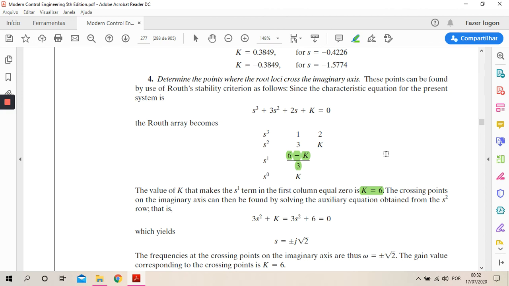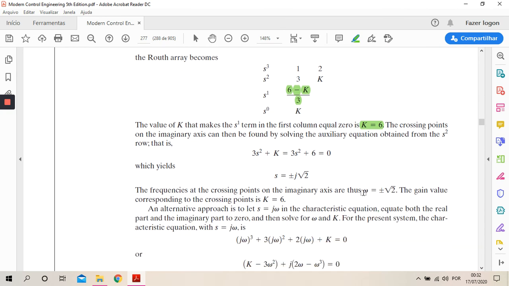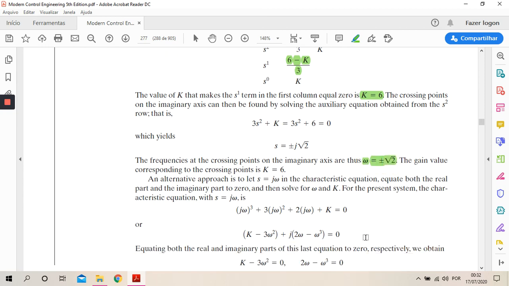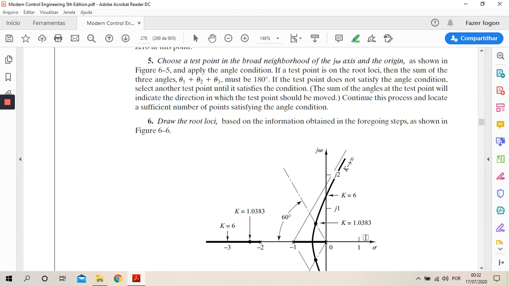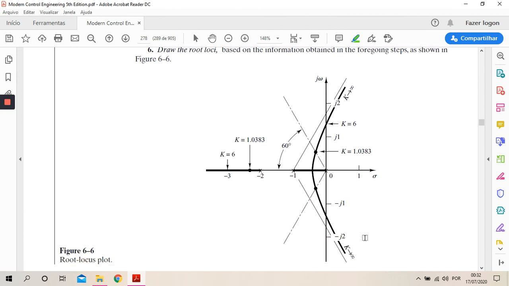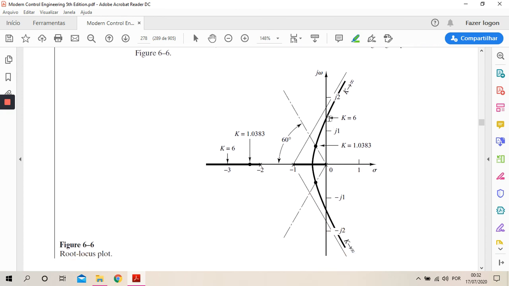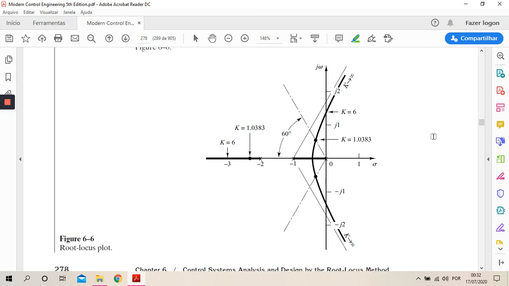Okay, step number 4 is the step for calculating this, and we discovered that they cross at positive and negative square root of 2. Going back to the point, these are the points where, for the gain equal to 6, they will cross the imaginary axis.